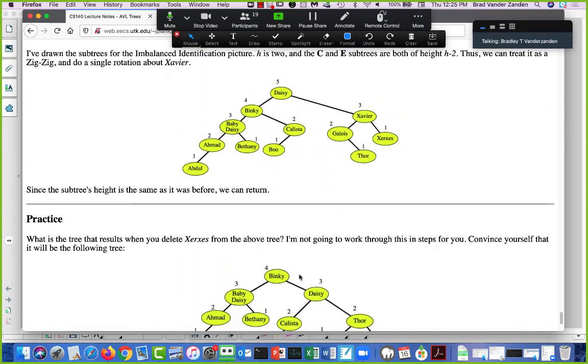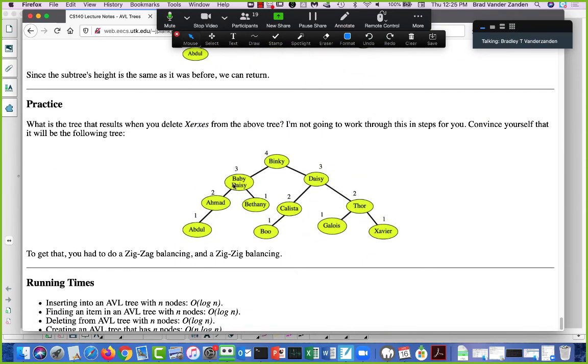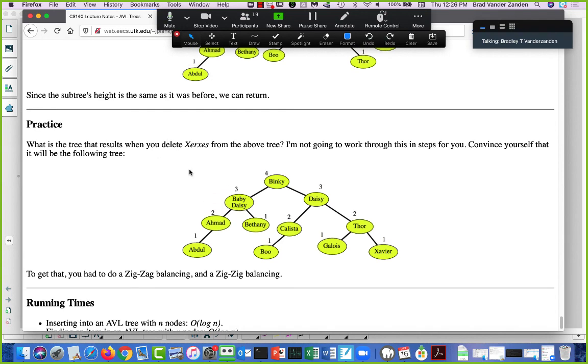His very last example, which he leaves for practice, and actually I'll have you work through it next Tuesday, is in fact an example where you have to rebalance at two different nodes rather than just at one node. That one rebalancing doesn't work. You actually have to rebalance at two different nodes. So I highly encourage you to look at his notes because it gives a lot of highly useful examples, and I guarantee you that on the final, I will make you do this kind of rebalancing operation.